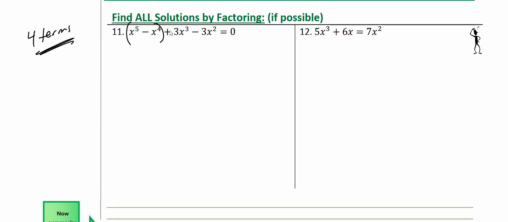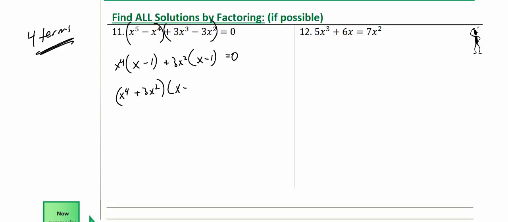So I'm going to take the first 2 terms, take the second 2 terms, and factor them. So I get x to the 4 times x minus 1. That's what I took out of here. This one, I'm taking out a 3x squared, and I get x minus 1 equals 0. So I get x to the 4 plus 3x squared times x minus 1 equals 0.